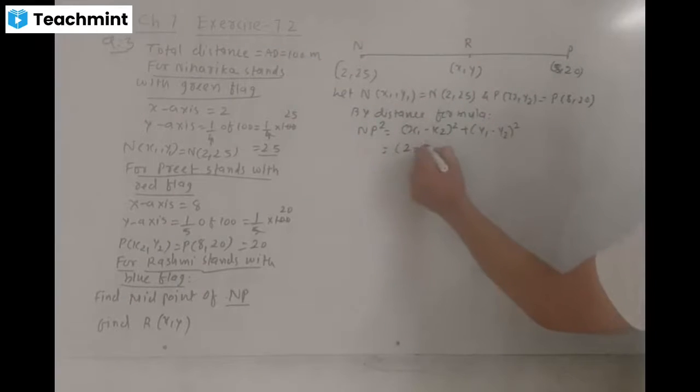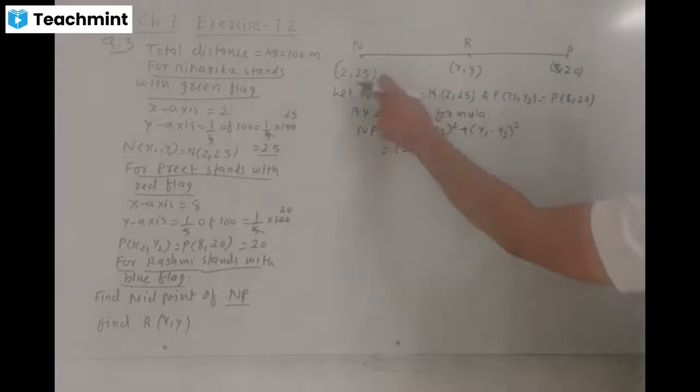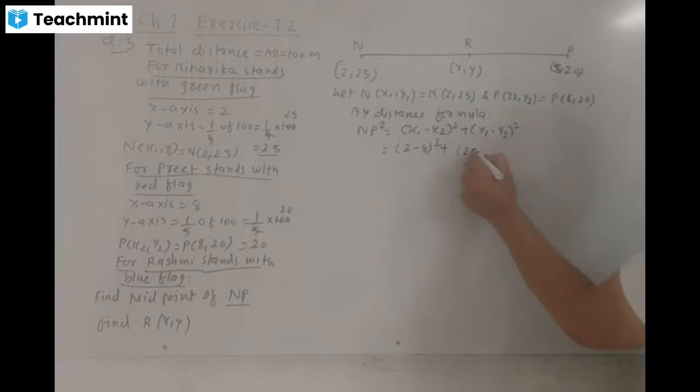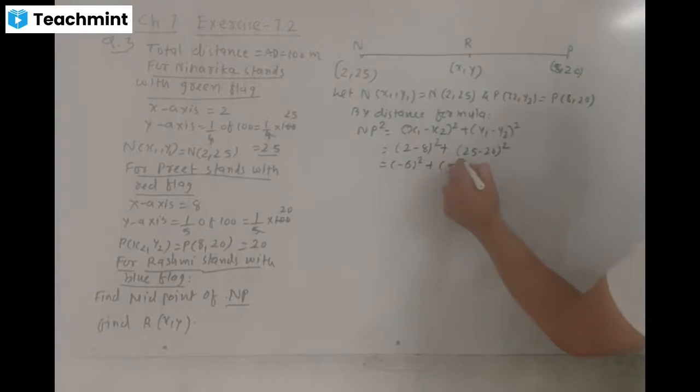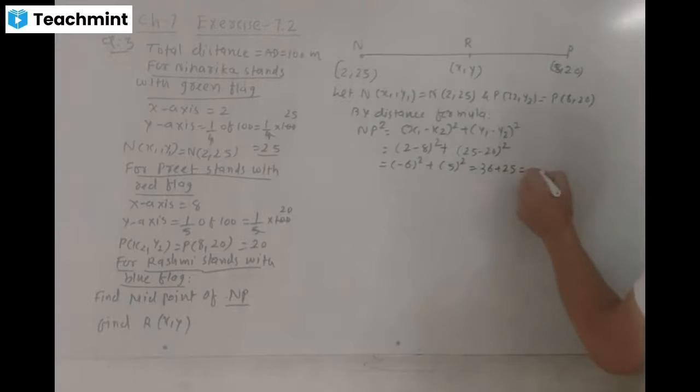the distance NP squared is equal to (x1 minus x2) squared plus (y1 minus y2) squared, that is (2 minus 8) squared plus (25 minus 20) squared, which is equal to (minus 6) squared plus 5 squared, that is 36 plus 25, which is equal to 61.